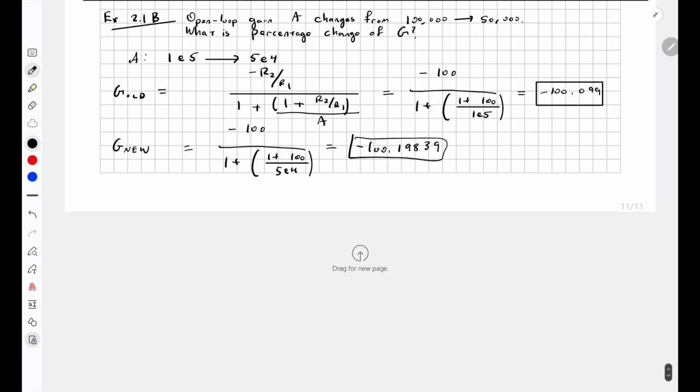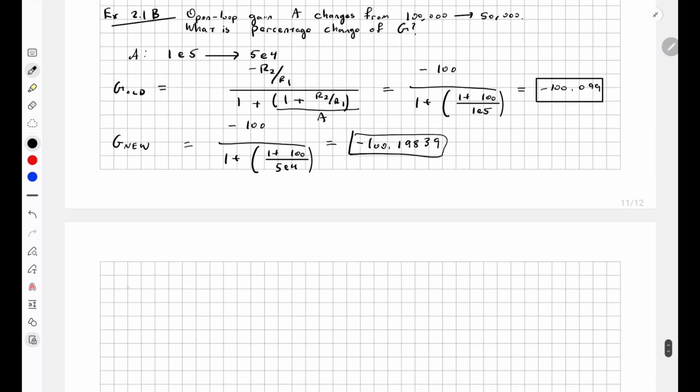So let's find the percent change. You take the new minus the old, divide it by the old, and then multiply by 100% to convert the decimal into a percentage.